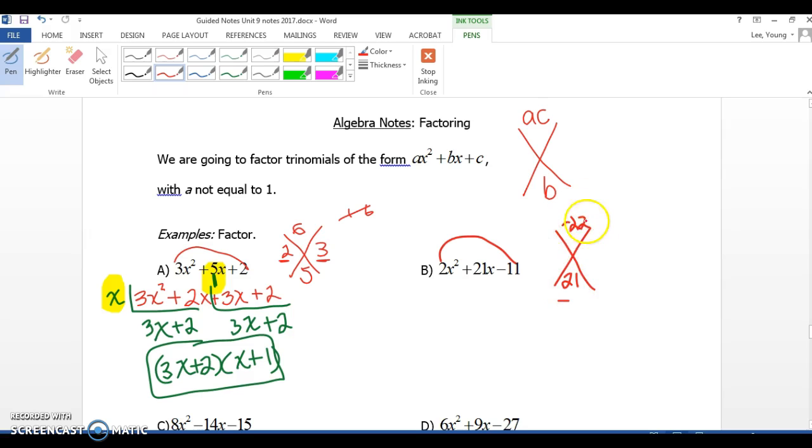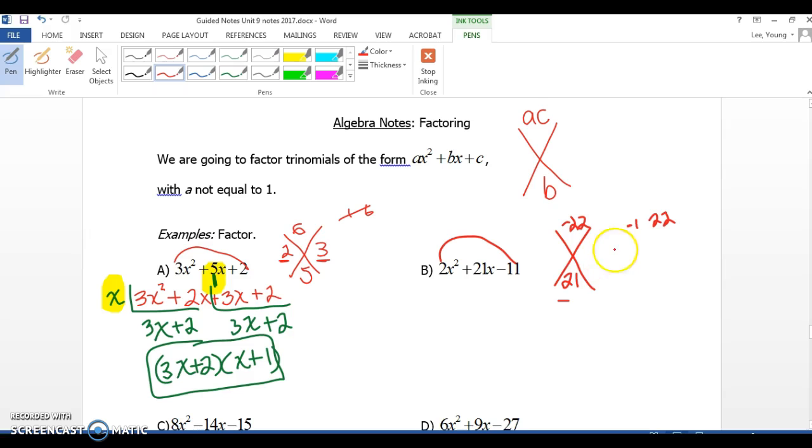Okay, if you really look at this, guys, the easiest factors are 1 and 22. But since it's a negative number, one of them should be negative, right? So which can be negative to make it 21? Negative 1 and 22. Do they add up to 21?